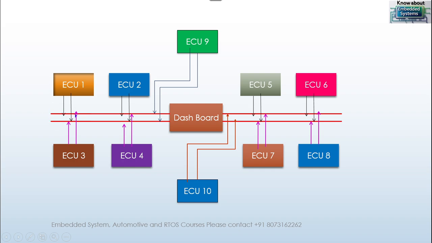The red line you're seeing here is your CAN bus, or CAN FD as we will call it, and various ECUs are connected to it. You can see ECU 1 to ECU 10. There are 10 ECUs shown here, connected to a common communication line called CAN, or sometimes CAN FD.